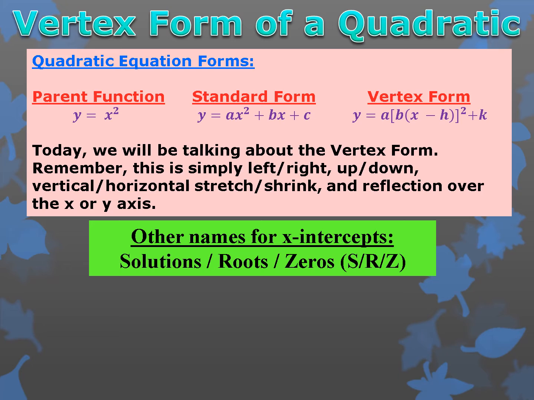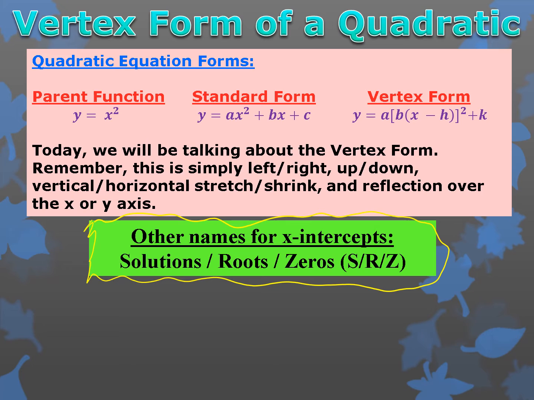Now, there's something else we want to draw your attention to, and that is this little lime green box right here. You are going to hear us say solutions, roots, zeros, x-intercepts.